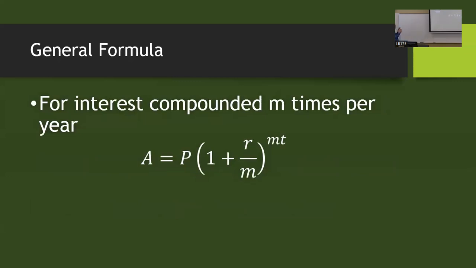Oftentimes people will change this and put PV for present value instead of principal, and FV for future value instead of the A. I'm not going to do that. I'm just going to keep the P and the A and know that A is the amount in the future and P is the amount in the present. I don't need new letters. We already have 2 fine letters.